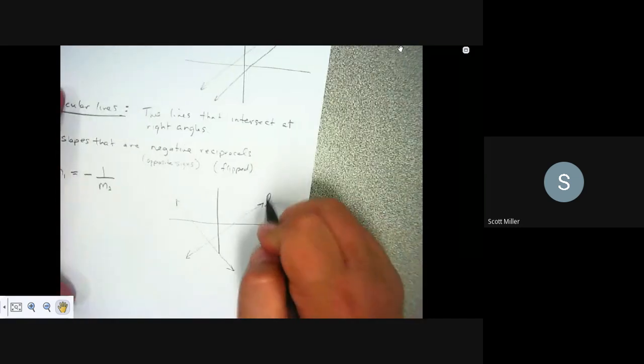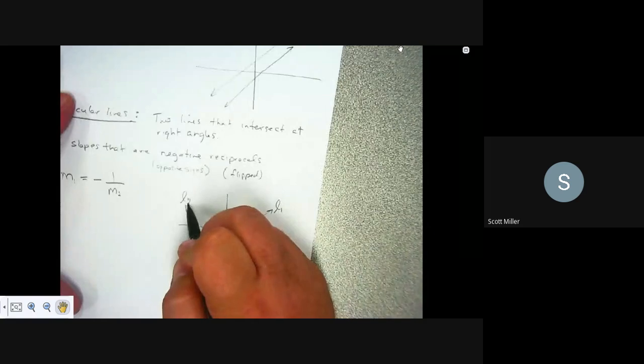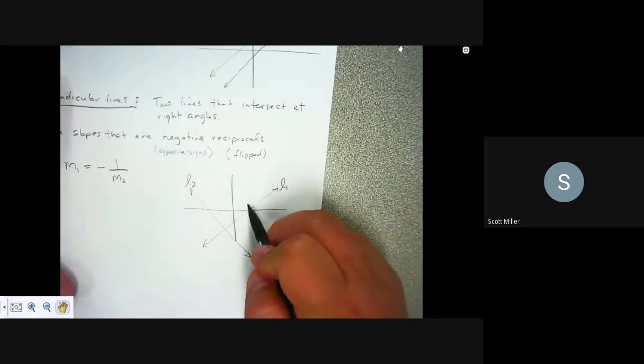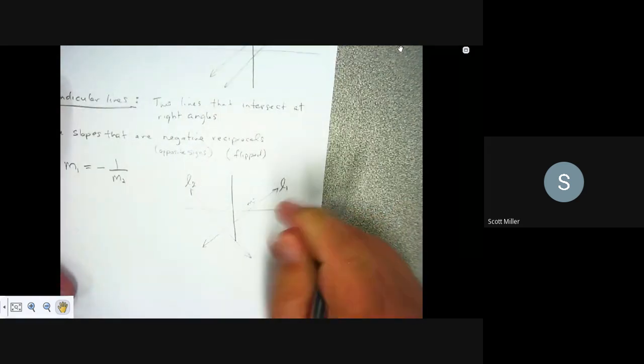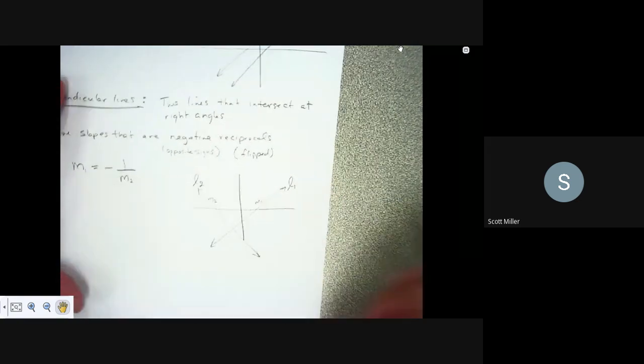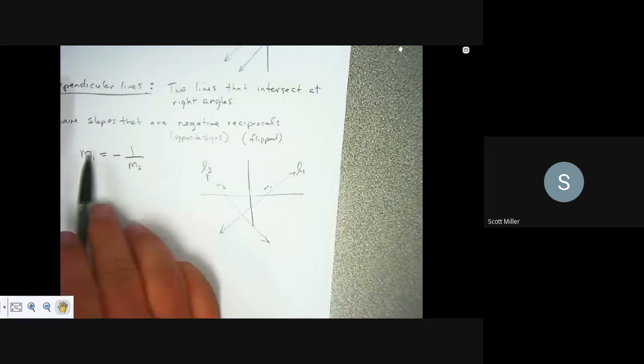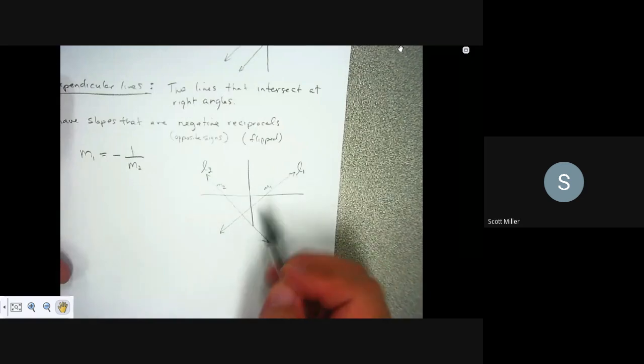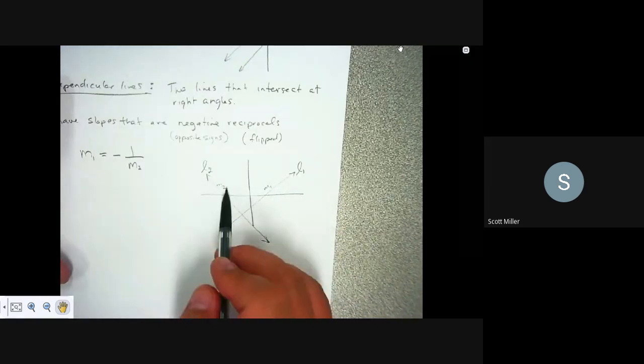So if this is line 1 and this is line 2, this one has a slope of M1 and this one would be a slope M2. This slope, if I flip it over and change its sign, gives me that slope. That's what this means.